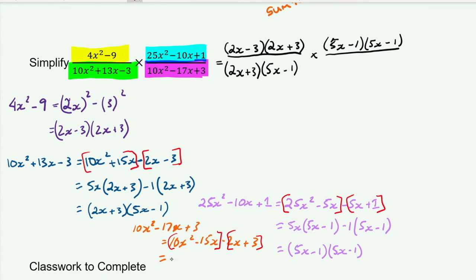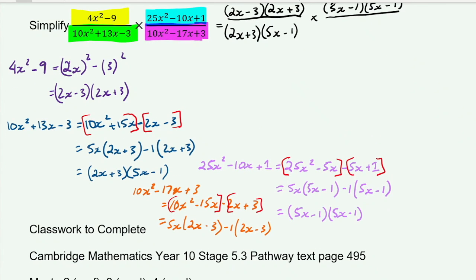We have our 5x outside of 2x minus 3. Have our minus 1 out the front. And then we'll have 2x minus 3. Alright, because minus 1 times minus 3 is plus 3. Please don't forget that. Gives me the 2x minus 3, 5x minus 1. It's the last part of our second fraction.